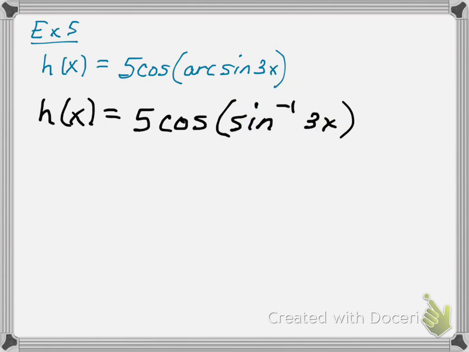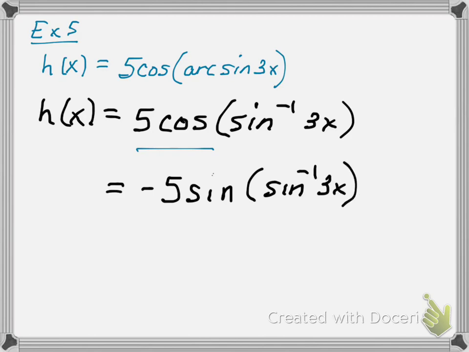All right, so first of all, I am paying attention to this, and I'm pretending like that's just a big theta. So the derivative of that would be negative 5 sine, because the derivative of cosine is negative sine. And for now, I keep this the same, but because it's more complicated than just a theta, I have to multiply times the derivative of that.